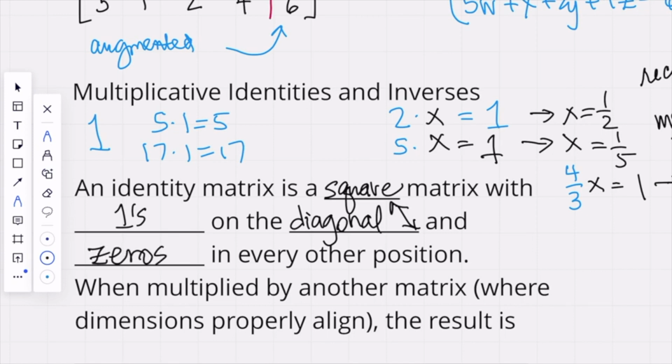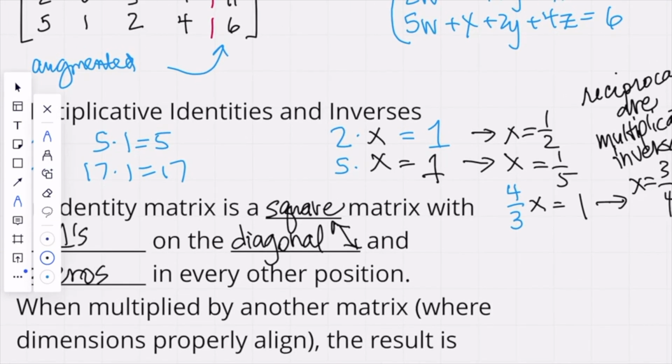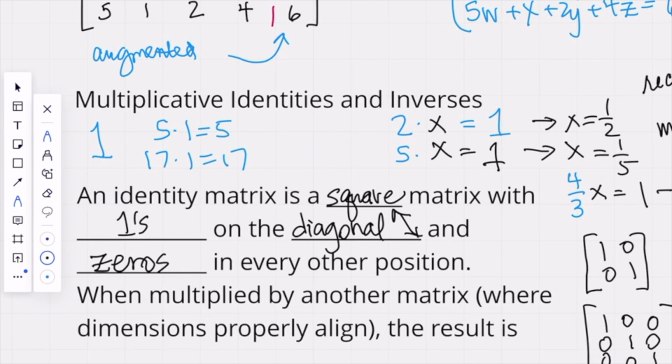Okay, so an example of this, if I'm thinking about an identity matrix, 1 0 0 1. That's an identity matrix. It's a 2 by 2 identity matrix. A 3 by 3 identity matrix would be 1 1 1 on the diagonal, and every other position is filled with a 0. Now, remember what a multiplicative identity did, right?